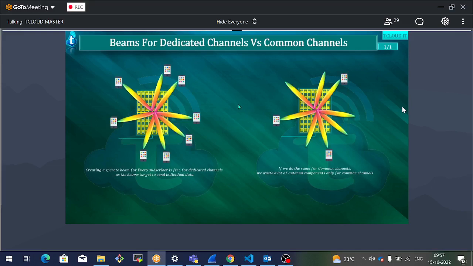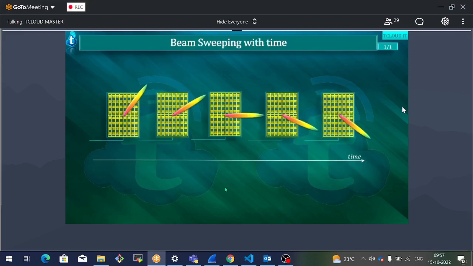So the best idea is to do something called beam sweeping with time. That means this common channel data is put into a beam, and by using whatever antenna elements you decided to use for that beam, you keep on changing the beam direction. So at different times, the beam would be pointing in a different direction.